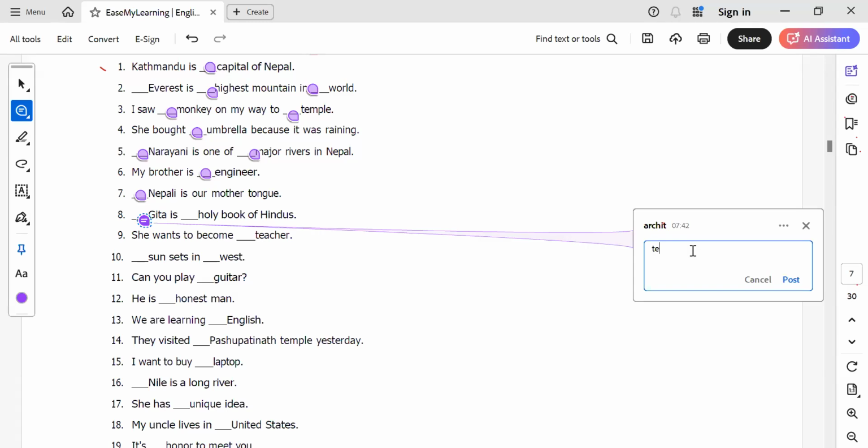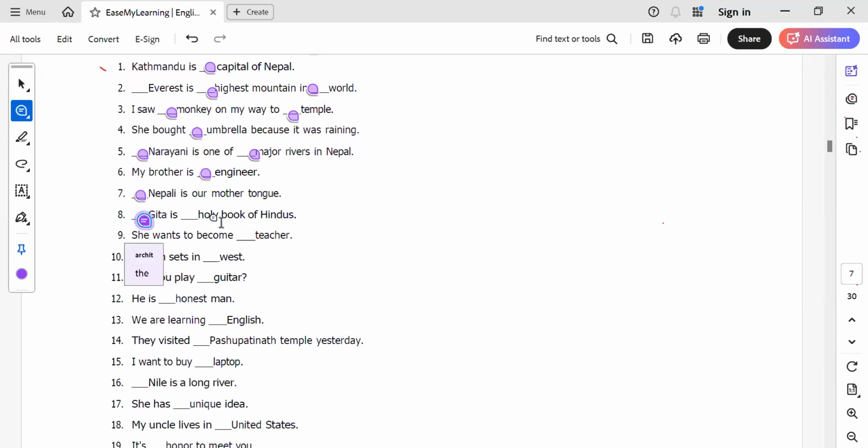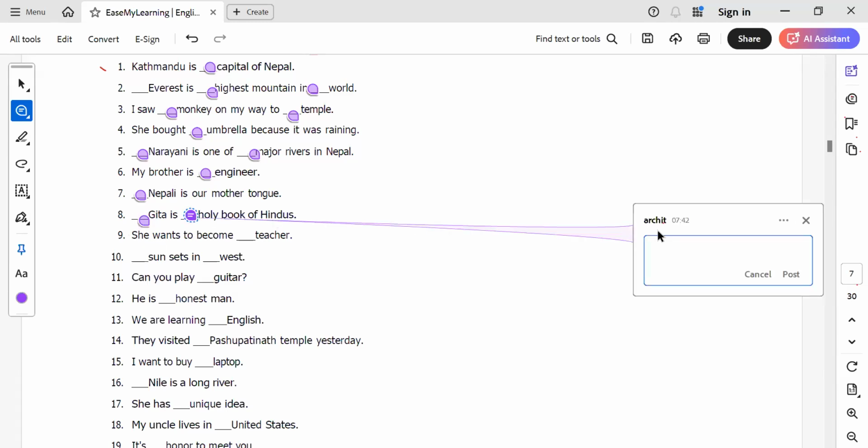Here, because we are referring to a particular book, we are not referring to anything general. So we are saying the Gita. This is clear, hopefully, to everybody. Now, here it will be a. Why will it be a and not the? Because there's not just one holy book. There's Ramayana, there's Mahabharat, there's Gita, there's Purans, there's Upanishads.